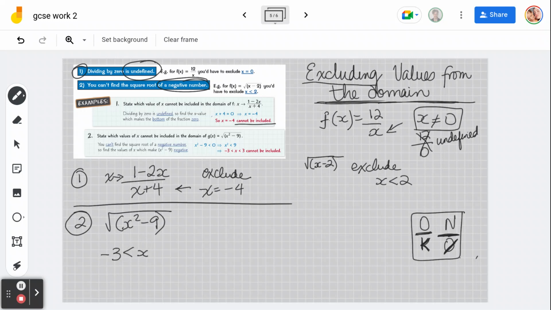X must be greater than negative 3, or we're going to have a negative number here, and it's not going to be big enough when we subtract 9 from it, and we'll have a negative number, and it can be less than 3. These numbers cannot be included. Okay?